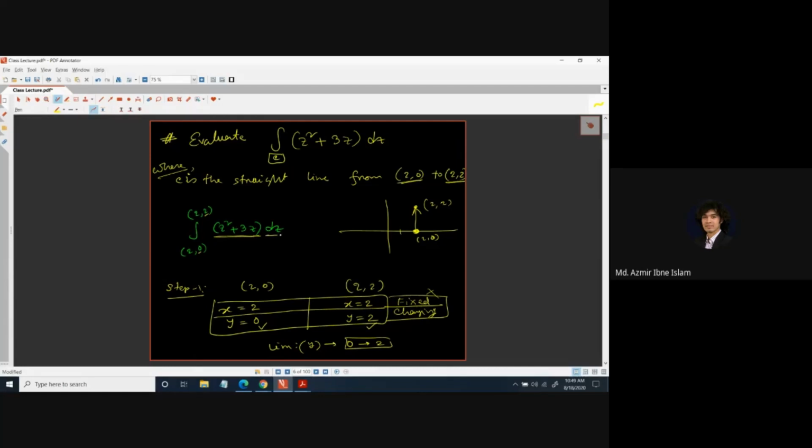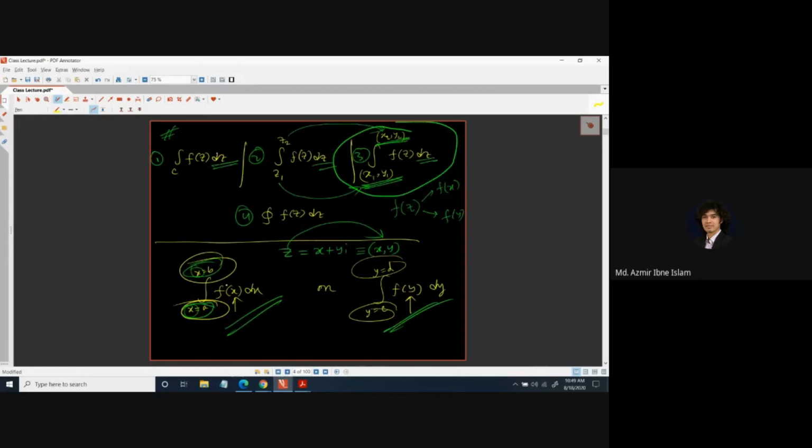At the same time, dz will be converted to dy. Then we will get the integration from y equal to c to y equal to d, f of y dy. You can see that we can integrate only for a single variable, x or y.